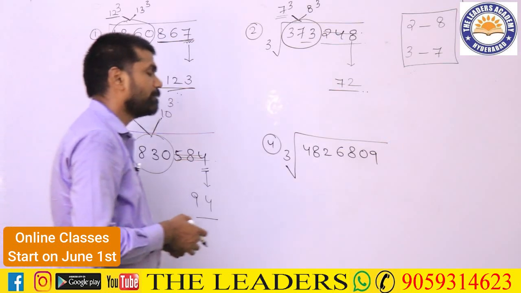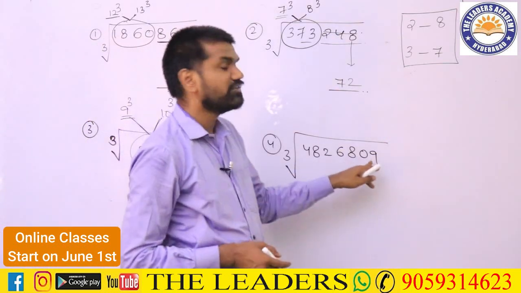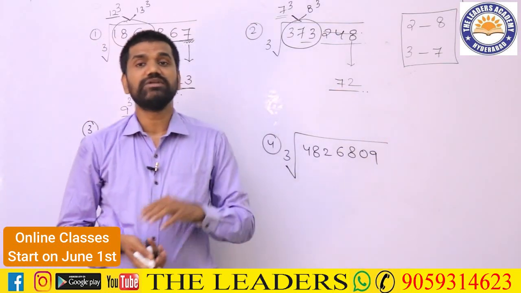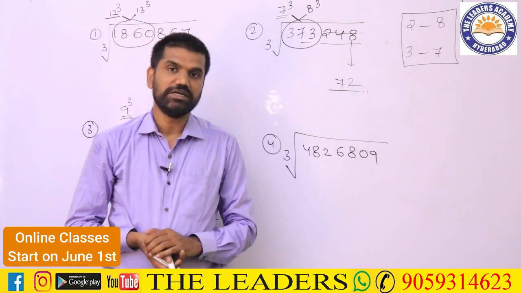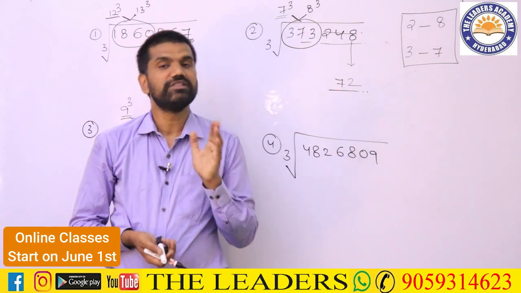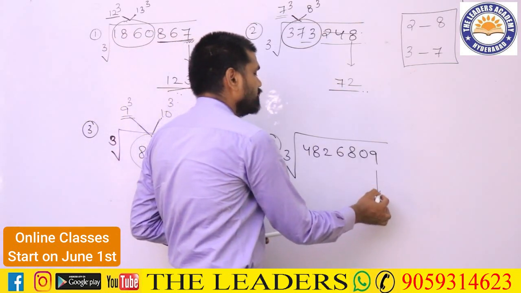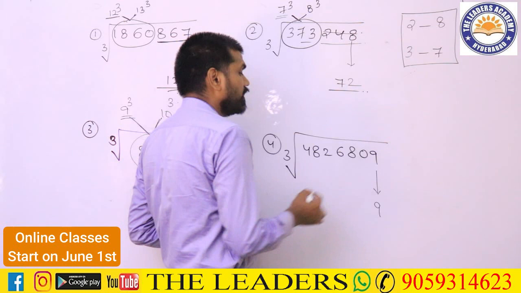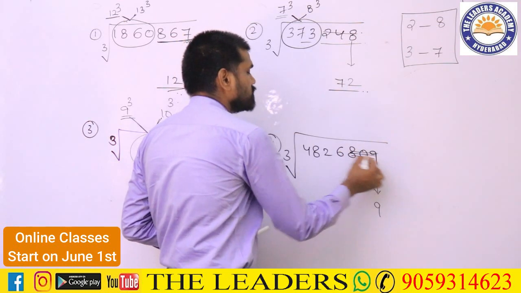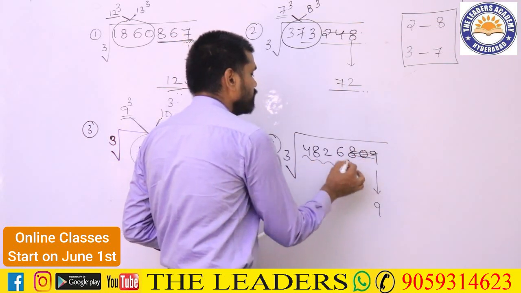In the same manner, here the cube of the number is ending with 9. As the cube of the number is ending with 9, I can say that the cube root of the number will end with 9 only. Hence, the units place will be 9. Remove the last 3 digits. Then decide which two cubes the remaining part is lying between.